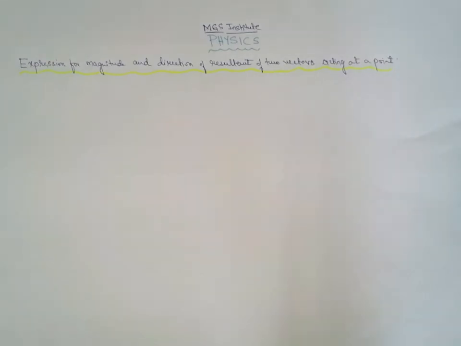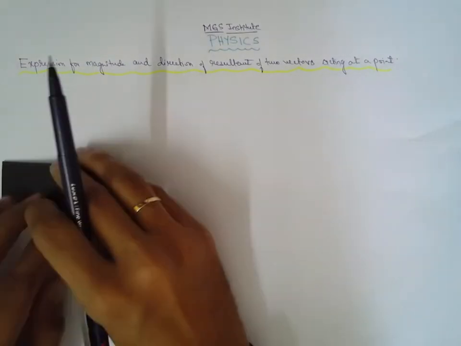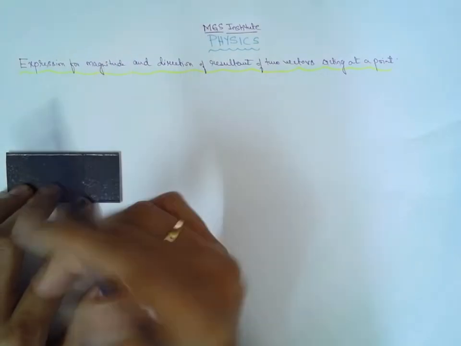In this video we will be deriving an expression for the magnitude and direction of the resultant of two vectors acting at a point. So let us first begin by taking two vectors.